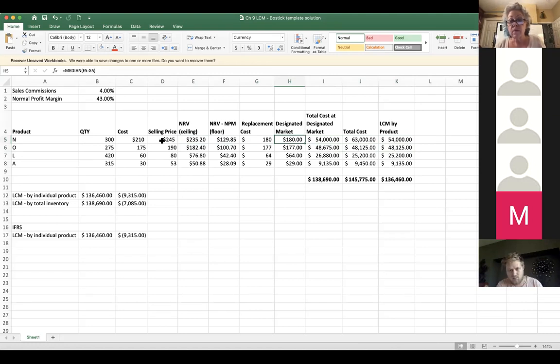So I want to avoid hard coding in Excel. So that is the reason that I create these information input boxes. What if sales commission changed to 6%? Everything else will change. Then you watch how everything changed. Obviously, my total cost isn't going to change.